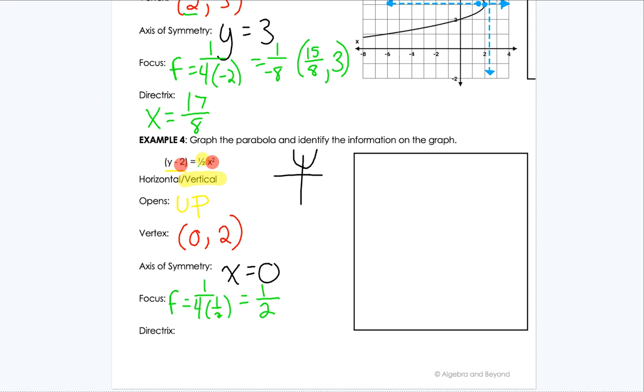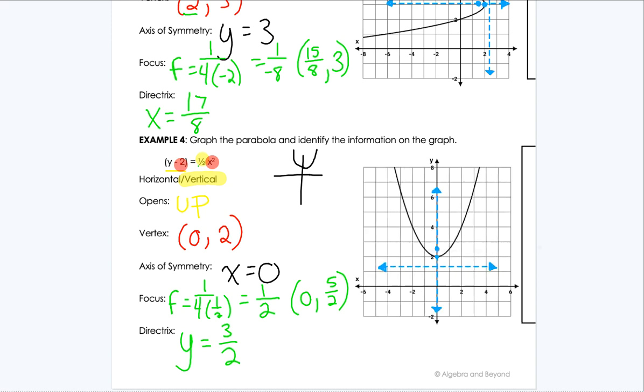And since this one's vertical, it's going to be in the y direction. So my focus is at x = 0, and if I go 1/2 above 2, I'm at 5/2. Then my directrix, again, is going to be in the opposite direction. So if I go 1/2 below my vertex, it's at the y value of 1.5 or 3/2.